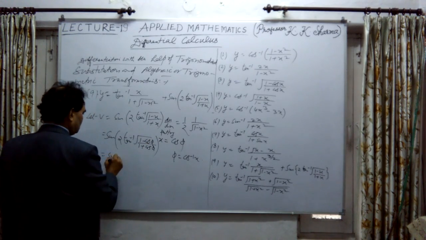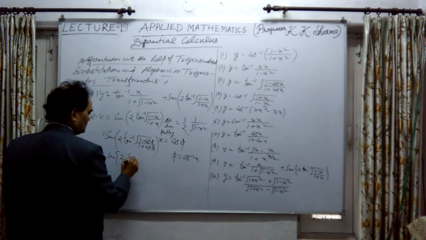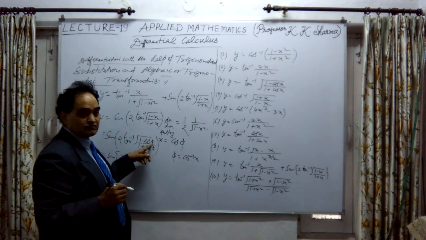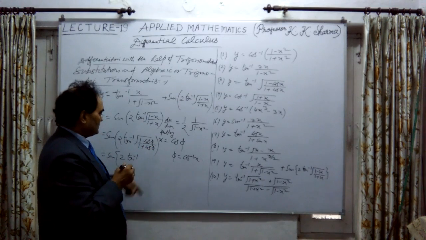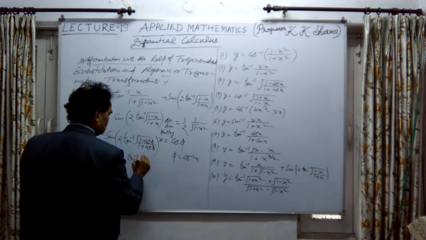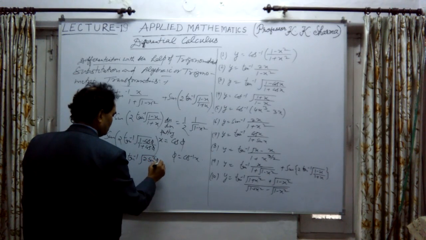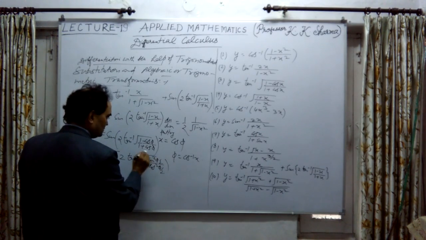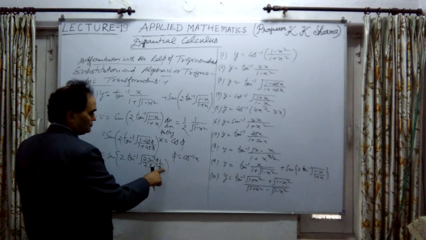Now 1 minus cos phi is 2 sine square phi by 2, and 1 plus cos phi is 2 cos square phi by 2 in the denominator.